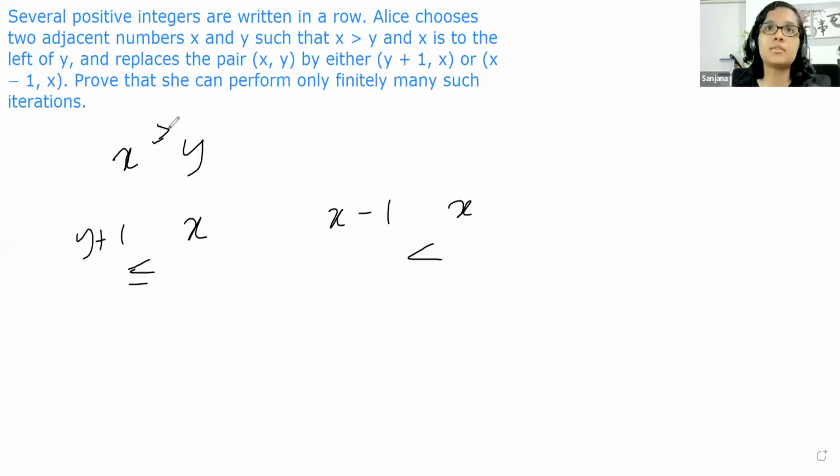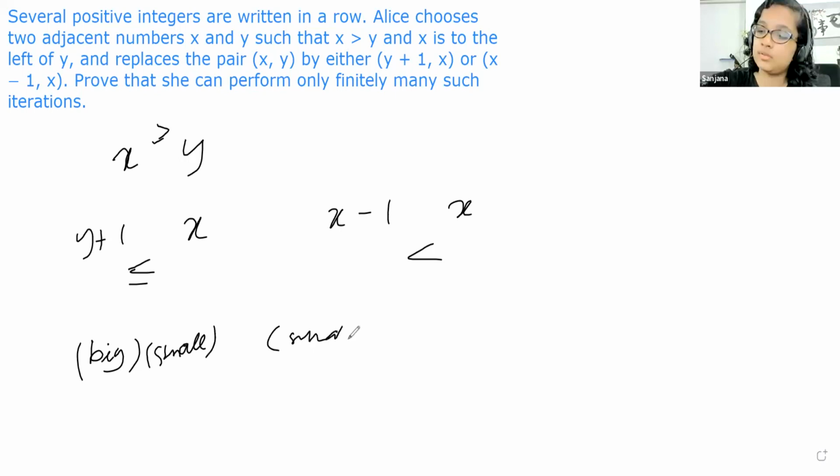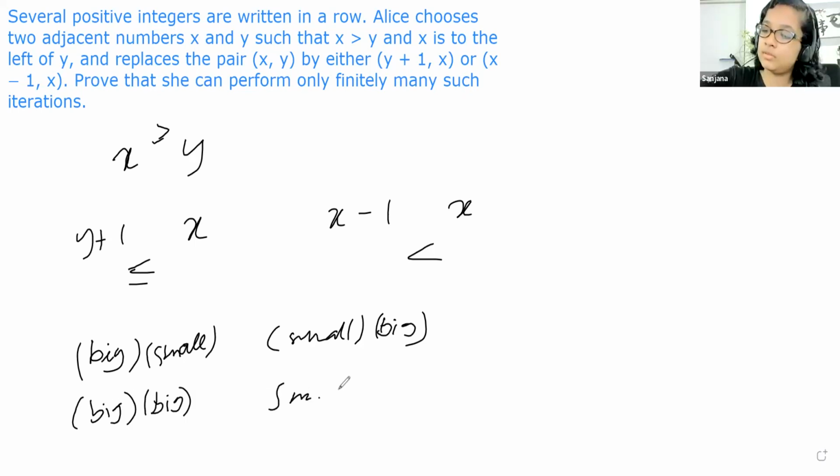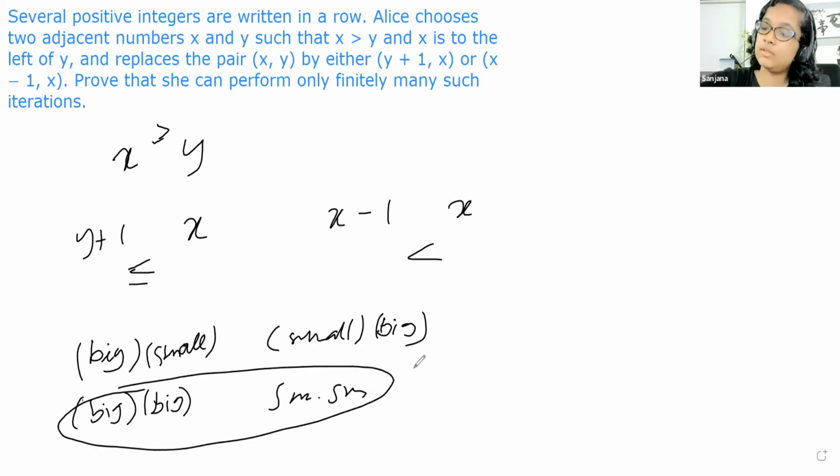If you notice, in general, if you have something big into something small and something else small into big, or if you take this big into big and small into small, then this thing is always greater, right?